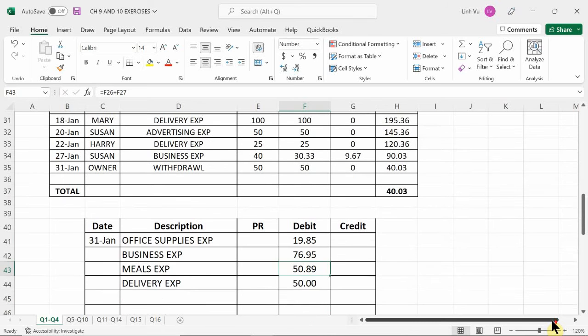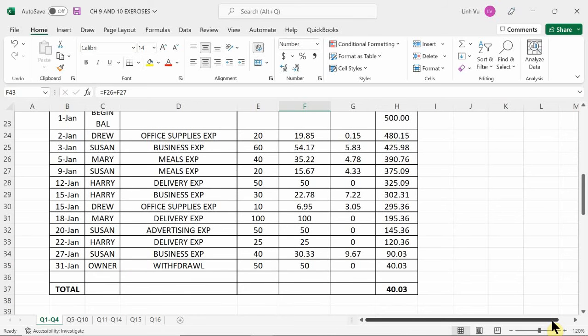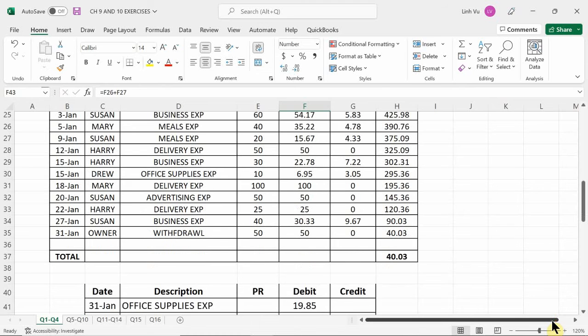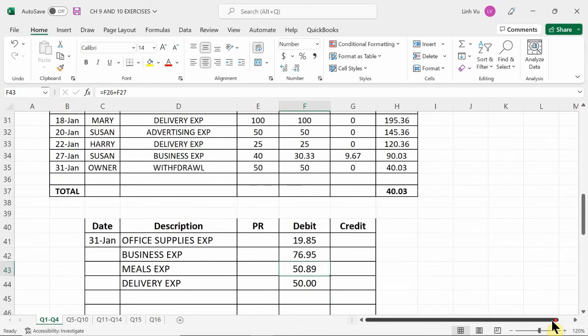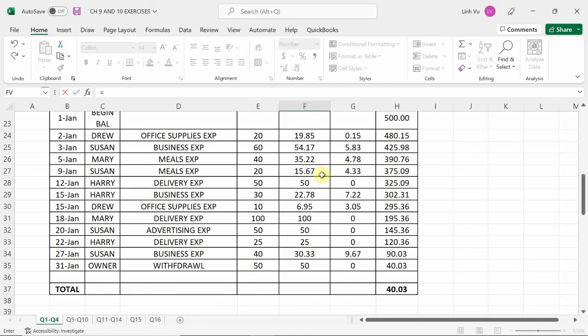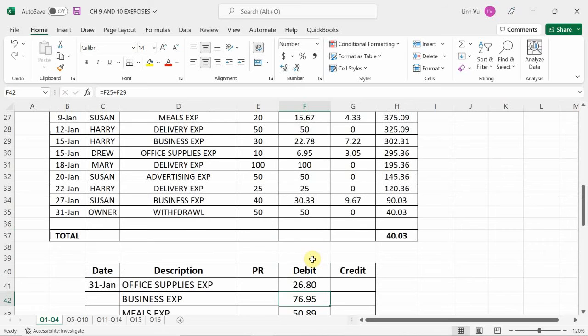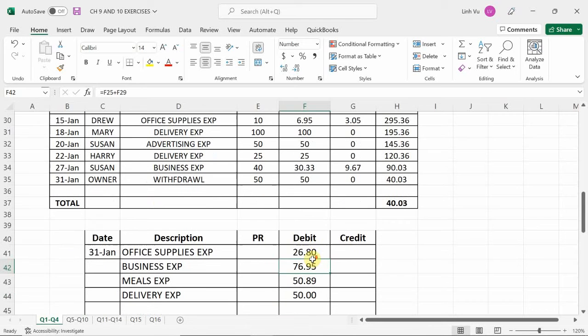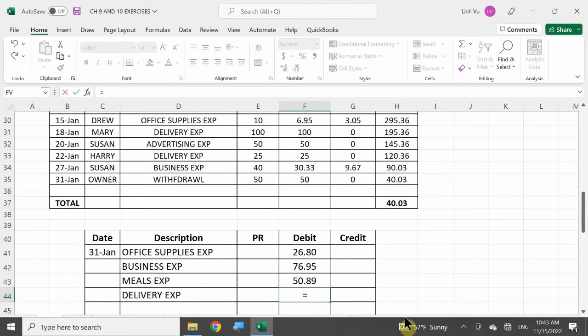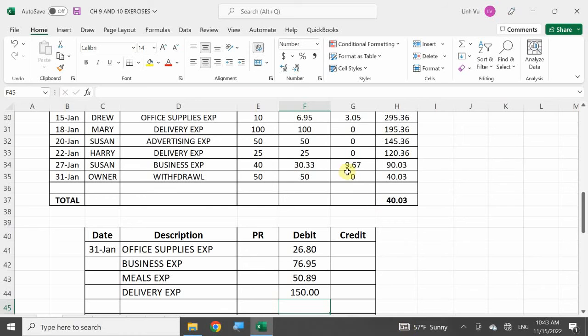Okay. So after that business expense, we have more office supplies here for another $6.99. Okay. And then after that office supplies, we had another delivery expense for $100. So you could just add $100, so $150.